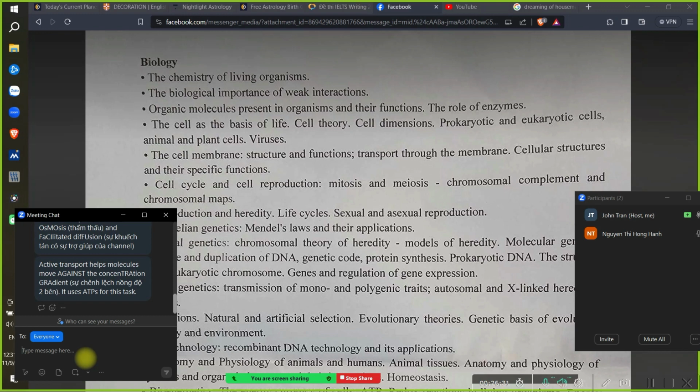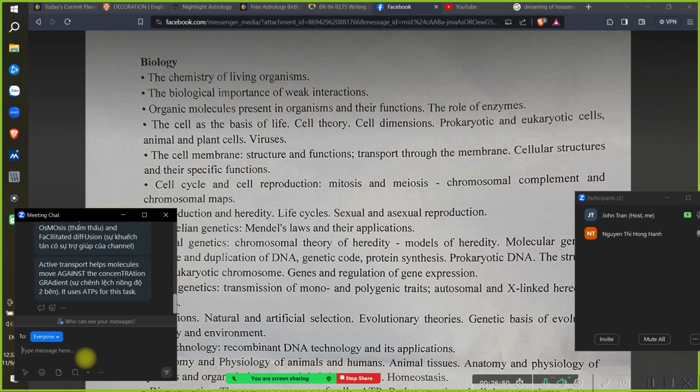You understand it? Yes. I also remember this one is kind of related to something called concentration gradient, and you mentioned it here. But what is the difference?